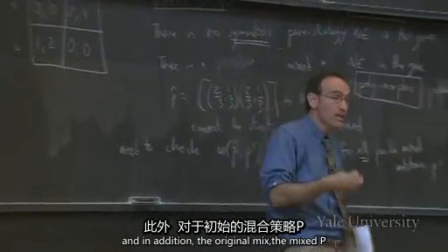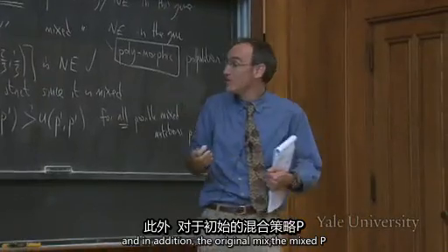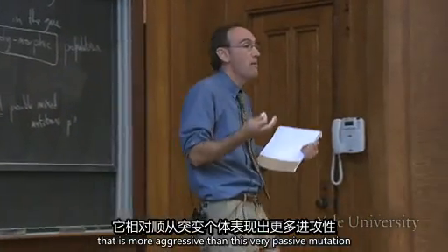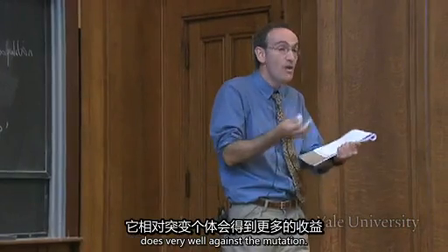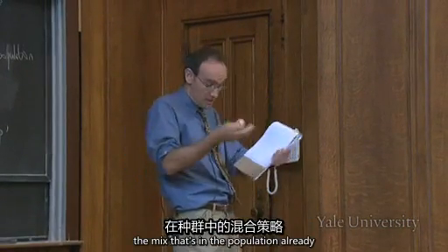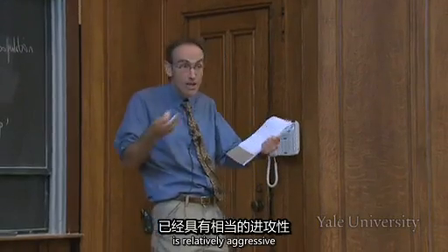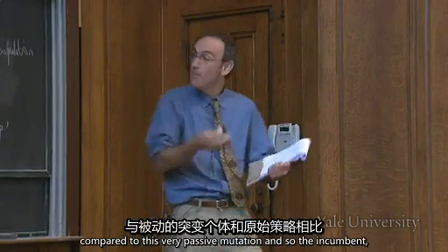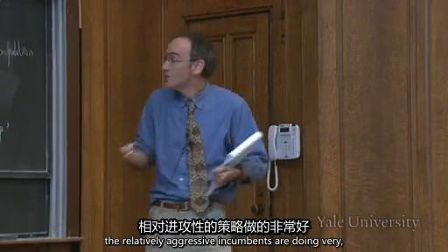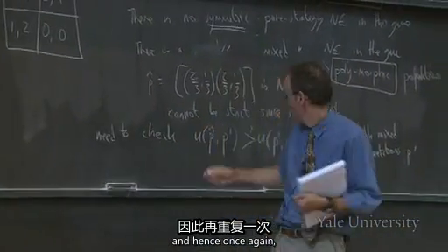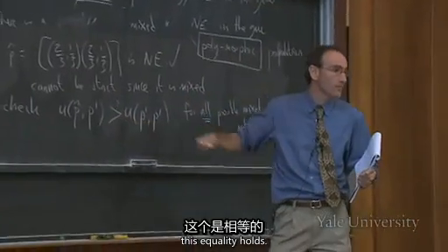And in addition, the original mix, P hat, that is more aggressive than this very passive mutation, does very well against the mutation. So the relatively aggressive incumbents are doing very, very well on average against the mutation, and hence, once again, this equality holds.